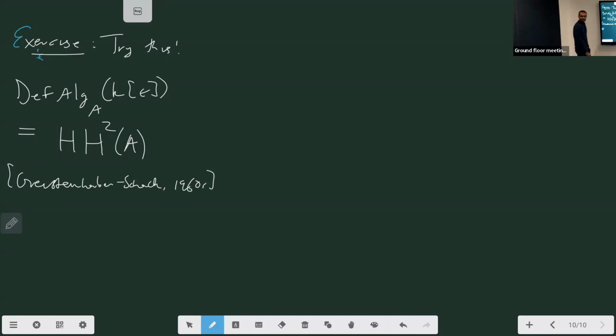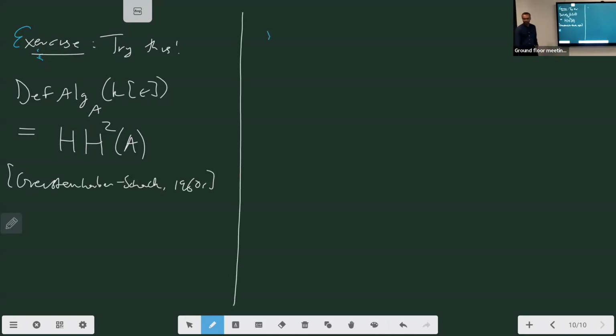But in fact, one can do much more. One can describe all deformations, not just deformations over K[epsilon], which is these first order deformations. But you can ask, given a first order deformation, can I lift it to second order? You can go order by order in perturbation theory, so to speak, and try to expand in power series.